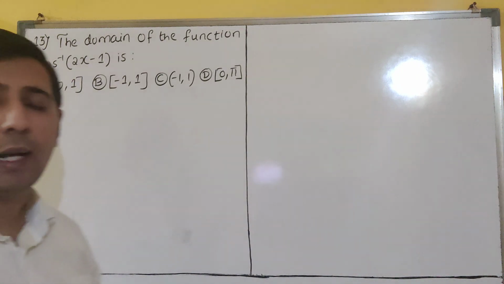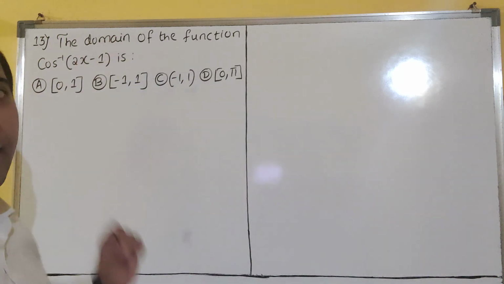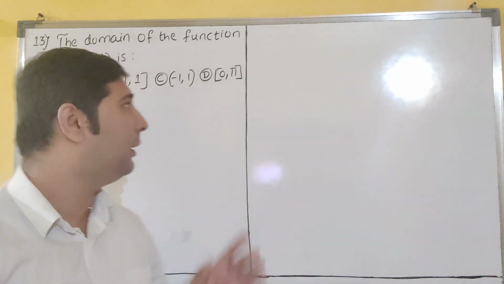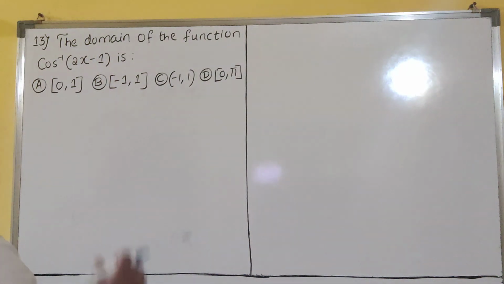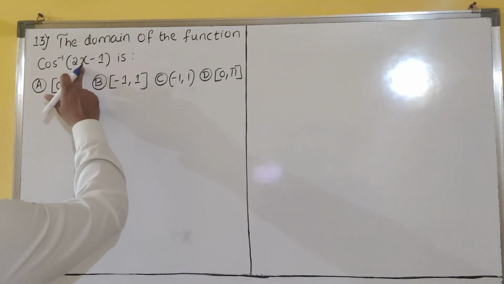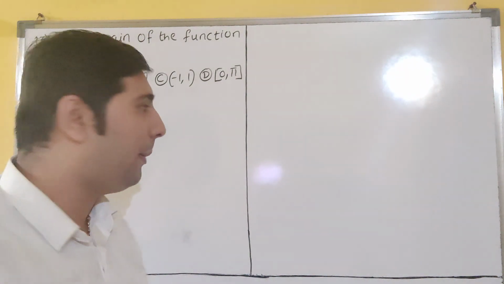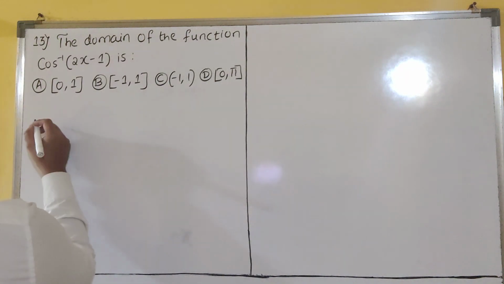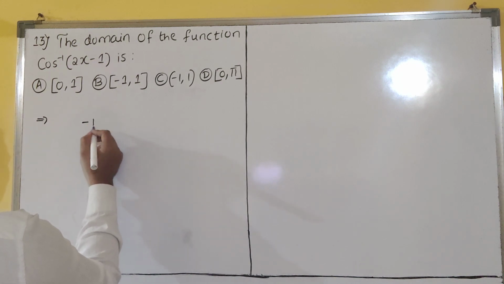Domain they had asked, try to understand the question first. So what had they asked, dear students? Domain here. Don't write range. That is 0 to pi. Wrong answer it is. So now domain. Domain of cos inverse 2x minus 1. What is the domain of cos inverse x? Minus 1 to 1.